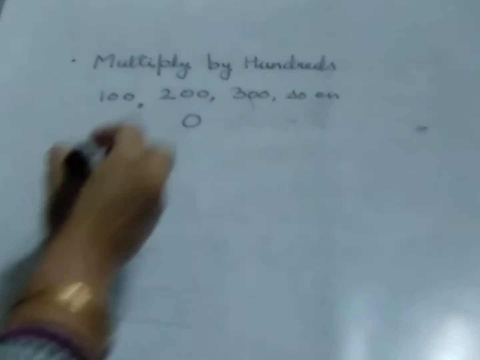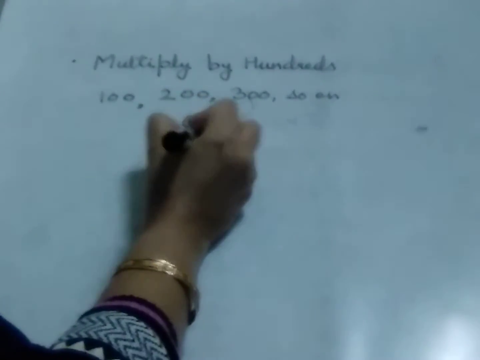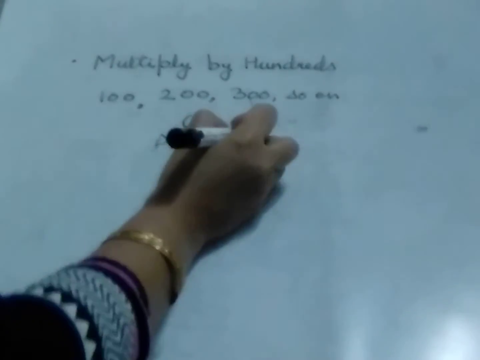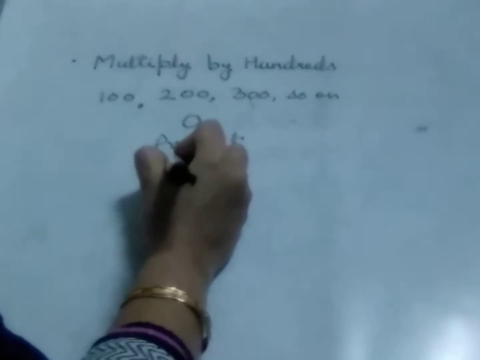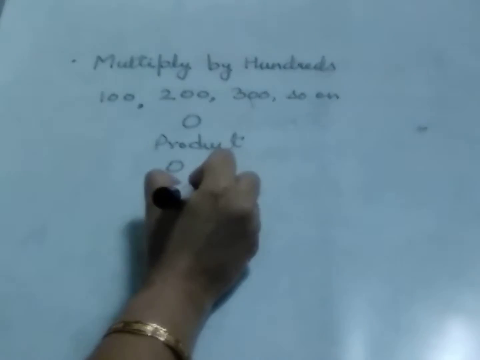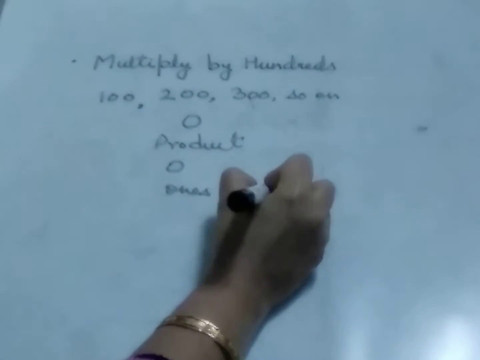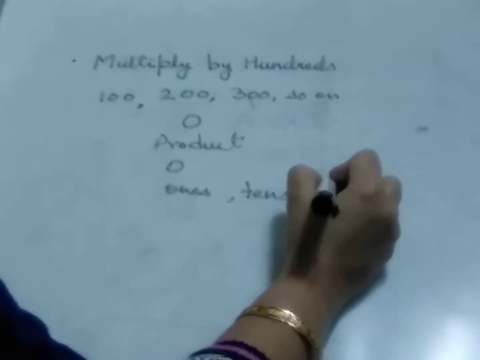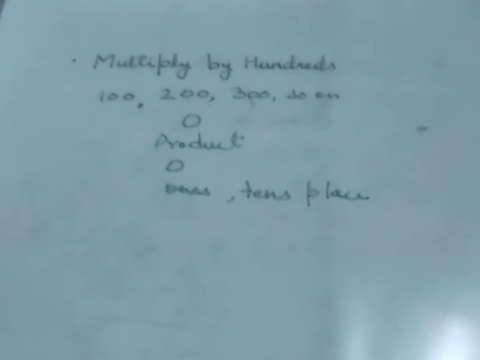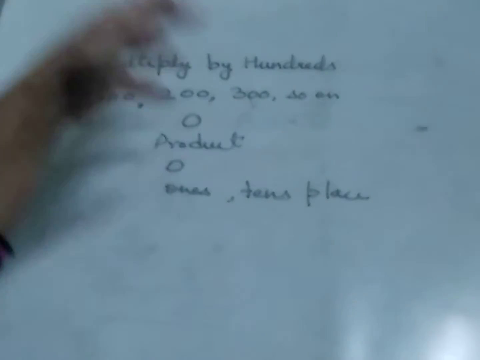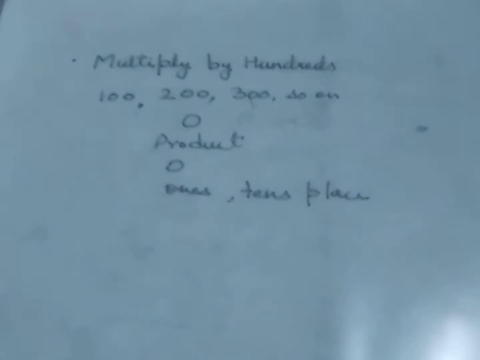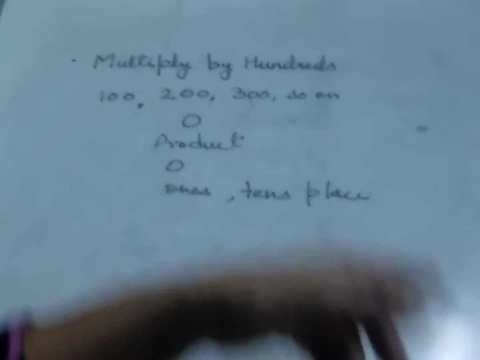In the product that is obtained, we add 0 in both the ones and tens place. In multiplying by tens, you add the 0 in the ones place. But in multiplying by hundreds, just add the 0 in both the ones and the tens place.